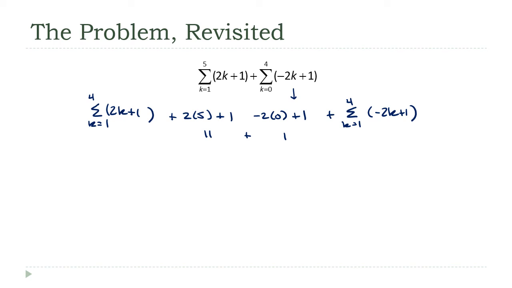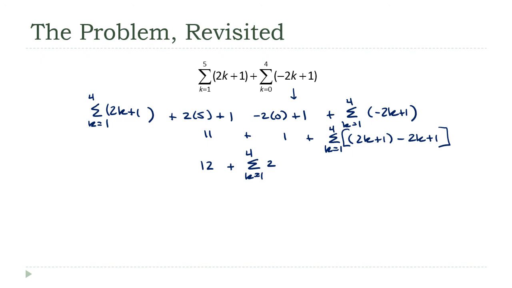So if I do that, this becomes the sum k equals 1 to 4, 2k plus 1 minus 2k plus 1. 11 plus 1, that's 12, plus the sum k equals 1 to 4. What happens here? Now the 2k and the minus 2k cancel, and we're left with 2.